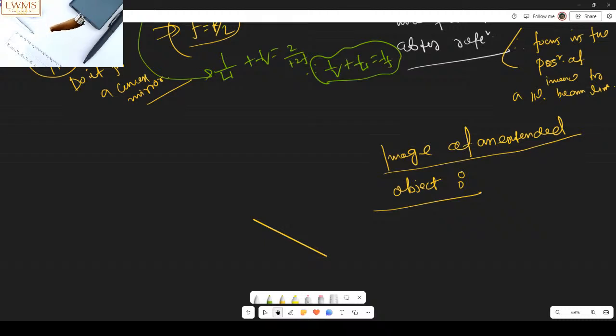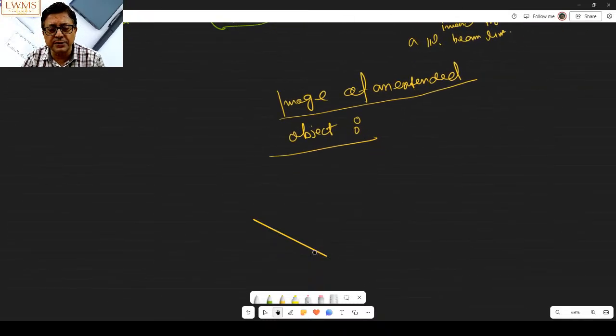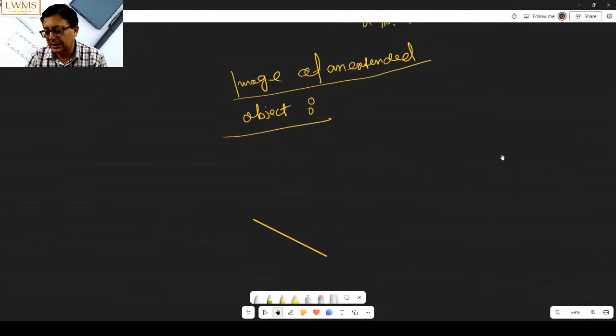Distance measured along the direction of light is positive. Distance measured opposite to the direction of light is negative. Okay, let us do it. Image of an extended object we are going to do.